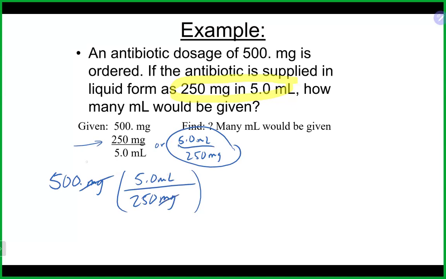They will cancel. We are again going to multiply and divide. So we're going to go 500 times 5 and divide it by 250. And that's going to give us 10 milliliters, right?